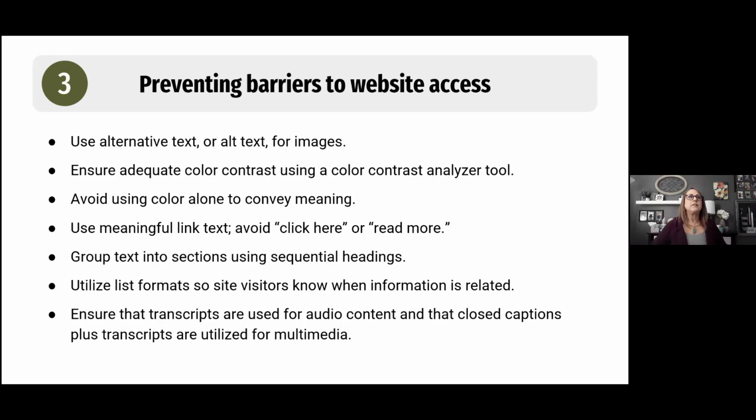For example, if on a form the items in red are the required items, it may be hard for someone to distinguish whether it's red or dark gray or black if they're colorblind or have those types of issues.